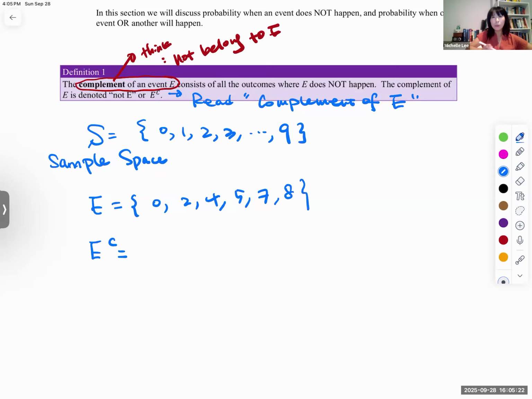Complement to event E. So what does not belong to E? 1 does not belong to E, 3 and 4, 5, 6, 7, 8, 9, right? Okay, we can use that.